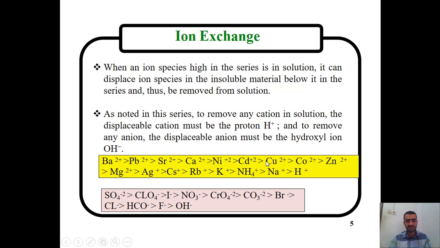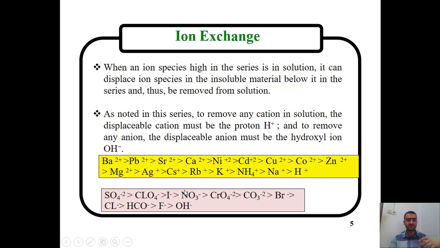So, for example, exchanging zinc is somewhat more difficult than exchanging barium. The easiest one is exchanging barium with hydrogen. The same goes for the anions. Hydroxide in the resin can replace any other anion in the solution.